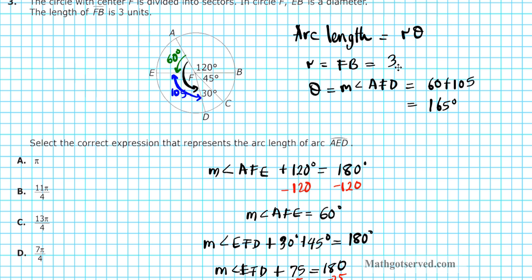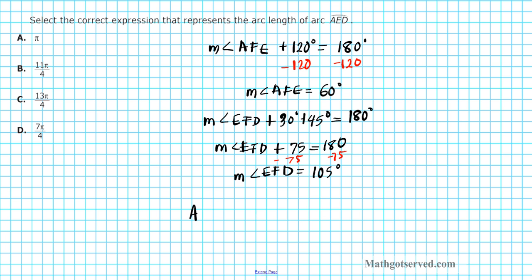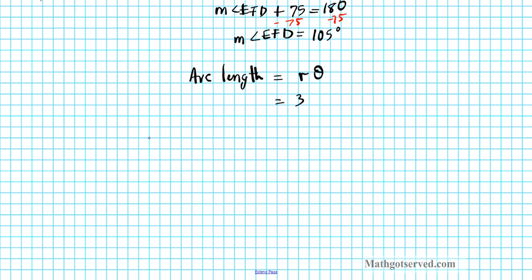Now we have r and we have theta. We are now ready to find the length of the arc. So arc length, let's write that again. Arc length is r theta. r is 3.